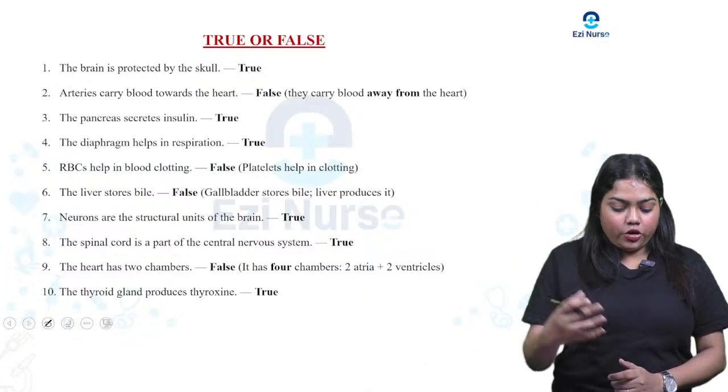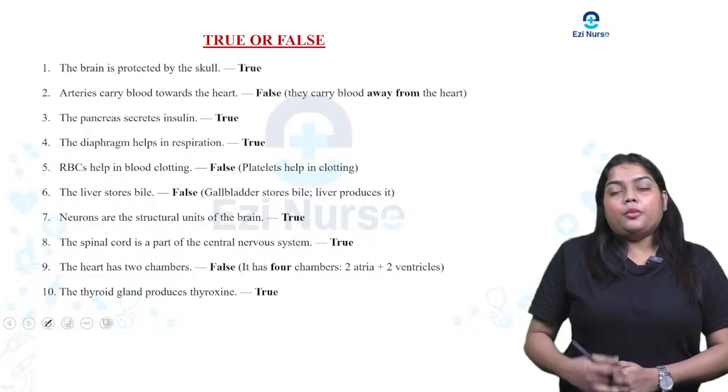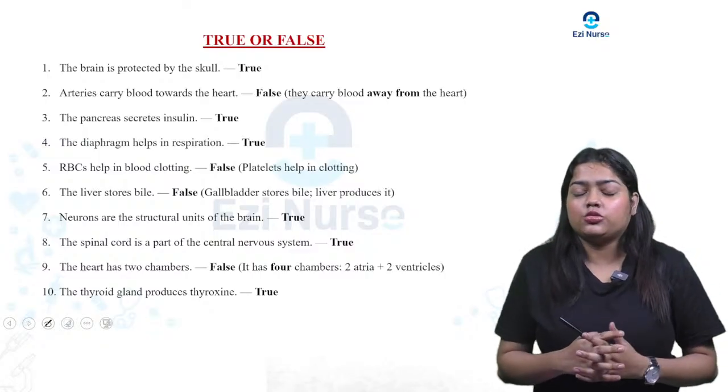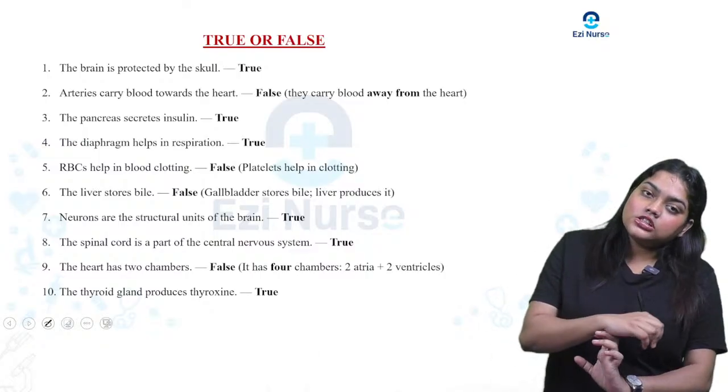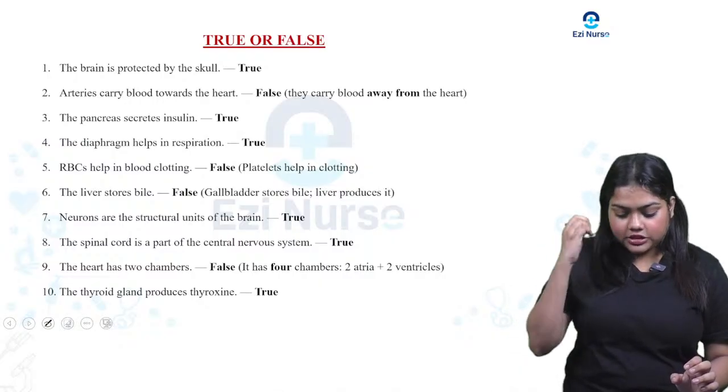Next, neurons are the structural unit of the brain, which is true. But if it is an MCQ, neurons along with neuroglia are both the structural unit.